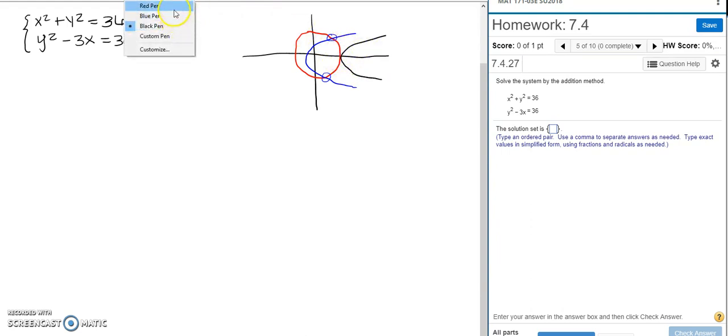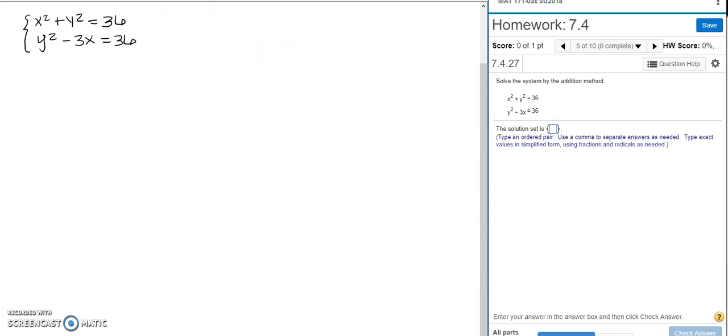Or you could also have it more narrow and hit right here like this. And so then you'd actually have 3. So we have some different possibilities depending on what the graph looks like.